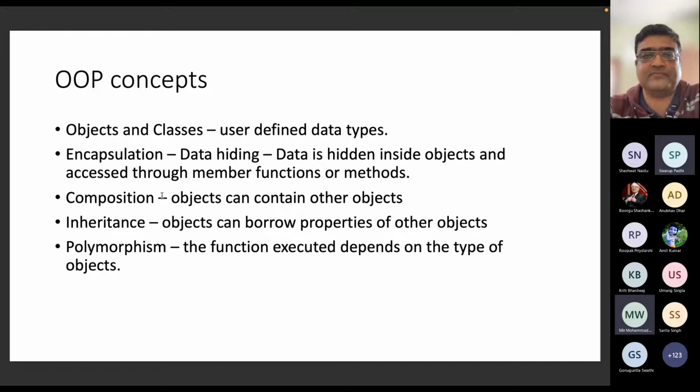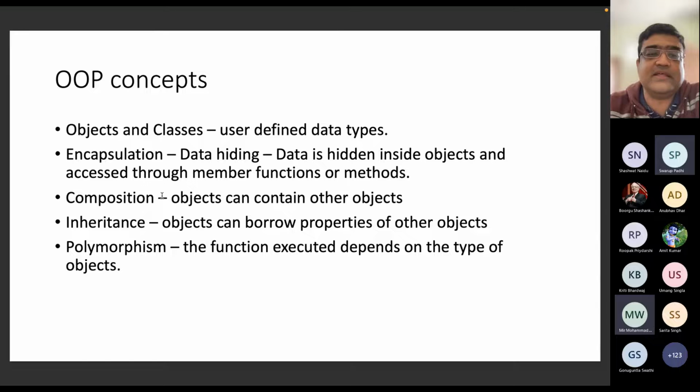This is called encapsulation or data hiding, and there are different ways that C++ provides this. We will see. Then there is composition. Objects can contain other objects, so objects can be composed together to form other objects. Again, most object-oriented programming languages provide this.